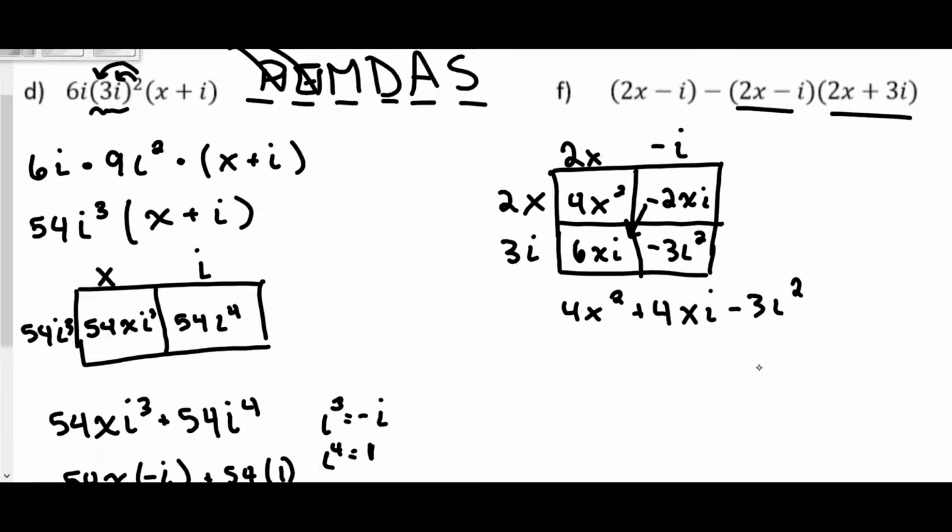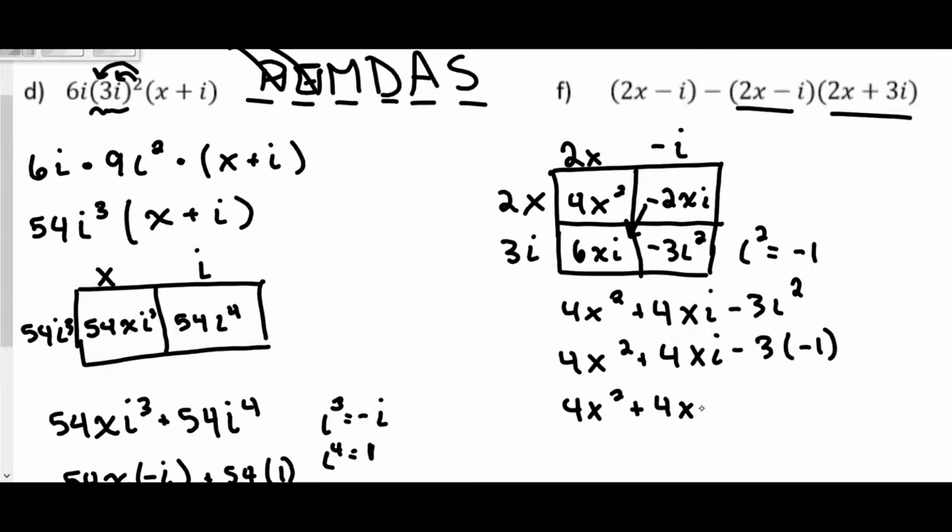Now this is not in a plus bi form, and we know that i squared equals negative 1. So we get 4x squared plus 4xi minus 3 times negative 1. So 4x squared plus 4xi plus 3.